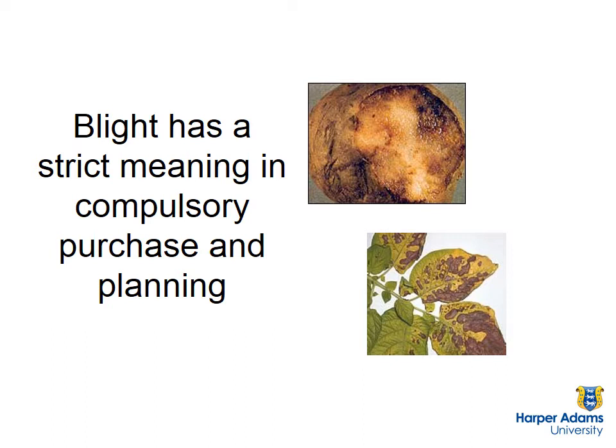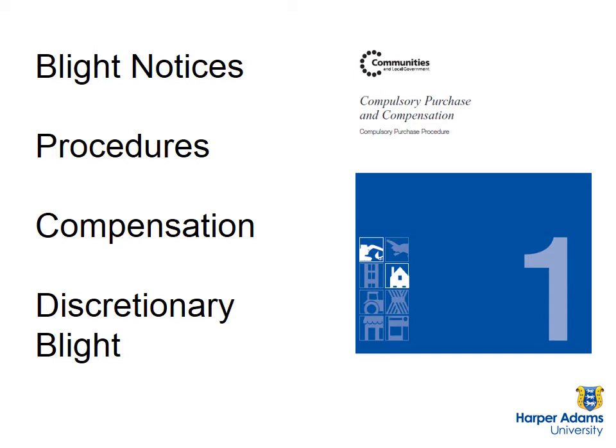We'll see what I mean by this as the slides unfold, but it's important to bear in mind at this stage that blight has a very strict and a very narrow meaning in compulsory purchase and planning. This is particularly true as far as statutory blight is concerned. So we're going to look at blight notices, the procedures which govern blight notices, the compensation which flows from a blight notice, and we're going to be considering discretionary blight as well.